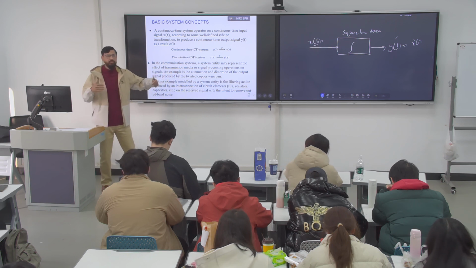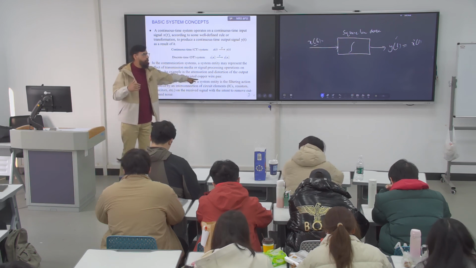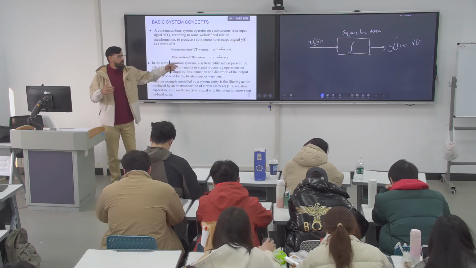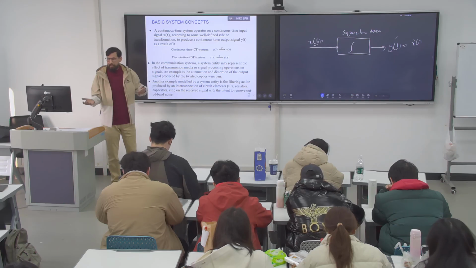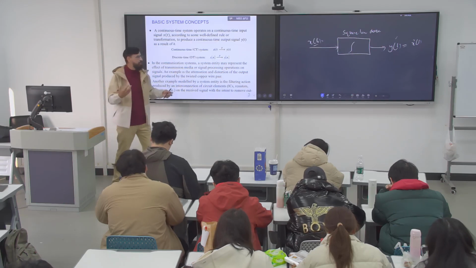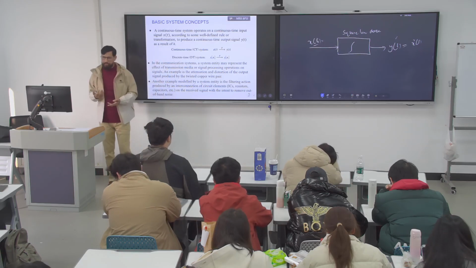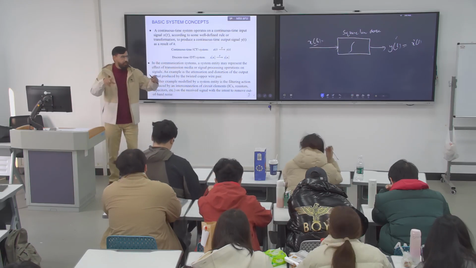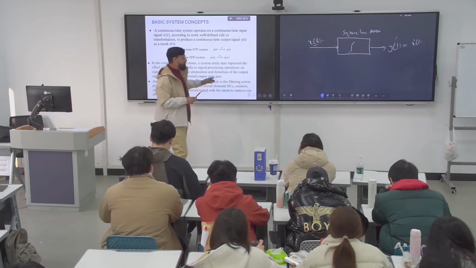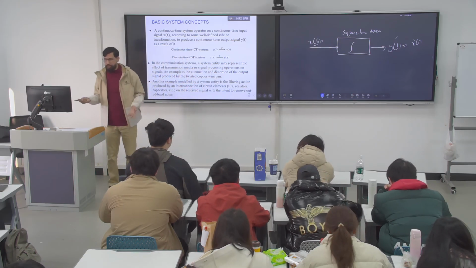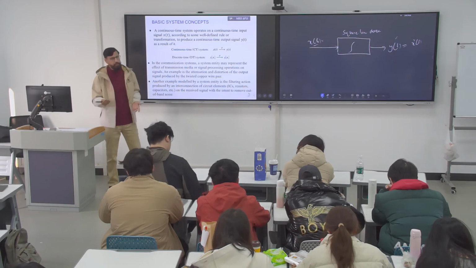Let's say that channel is a copper wire, a physical wire. When I'm sending a signal, noise will add. I have a pure signal, let's say a speech signal, and I'm sending it, but noise will add. At the output of the channel, I'm getting a distorted signal.